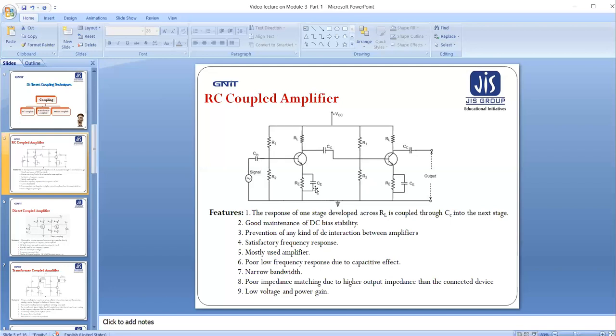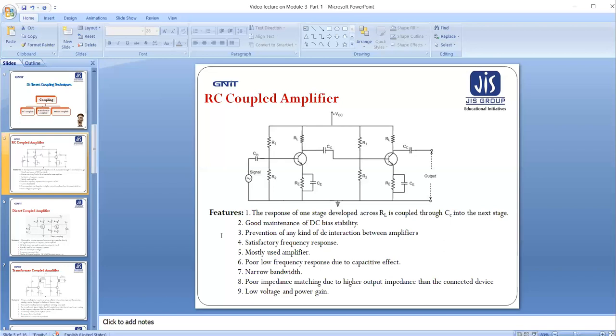And this CE is nothing but the bypass capacitor to avoid any negative feedback effect. It is also the same capacitor attached in parallel with the RE resistance, and this final CC couples the output of the second stage to the load.